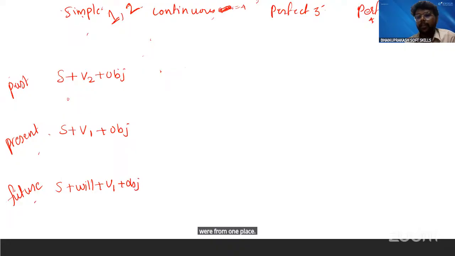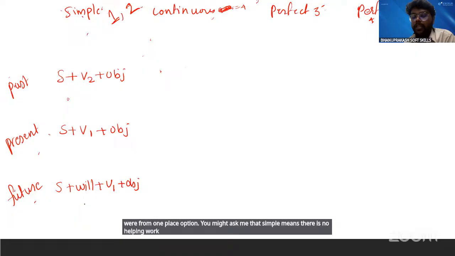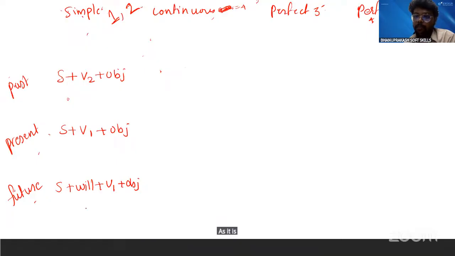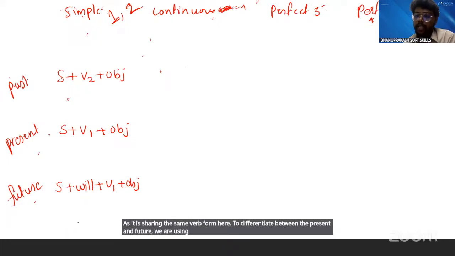You might ask me that simple means there is no helping verb, but why have I used the word will? If I don't use will, there will be no difference between simple present and simple future, as they share the same verb form. To differentiate between present and future, we are using the word will.